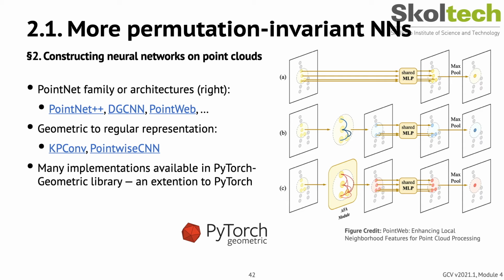Other methods such as KPConv or pointwise CNNs convert the completely structureless point set representation into a regular one, using some form of function interpolation, and leverage everyday computational kernels defined on a regular data structure such as the 3D volumetric grid. Many implementations of the PointNet-derived approaches are available in the PyTorch Geometric library, which is an extension to PyTorch.